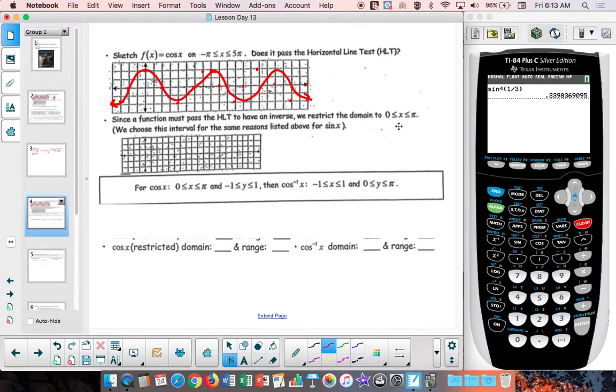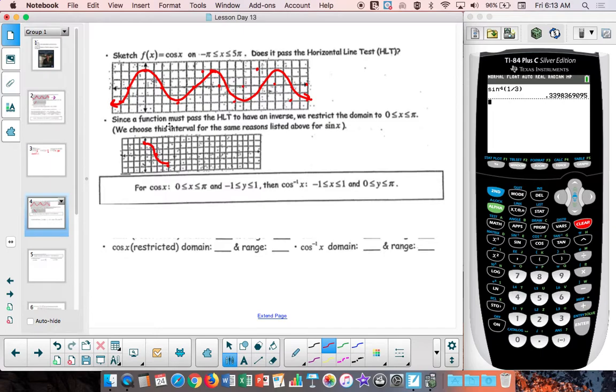So from 0 to pi, we have all of the y values needed to cover the range of cosine, and we have a continuous function. It's one-to-one, so we have everything we need. This is cosine when we're talking about the inverse of cosine.